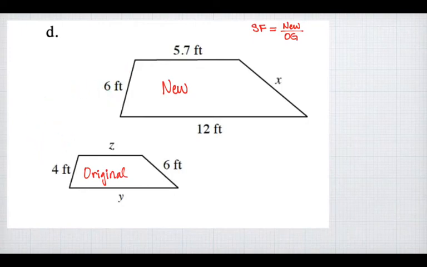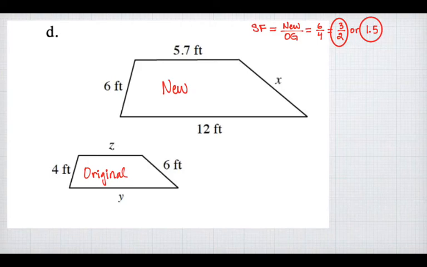And it makes sense, and I'll tell you why in just a bit. So we go equals 6 over 4. And if I simplify this, this becomes 3 over 2. Or, if I want to put it as a decimal, 1.5. So our scale factor is either 3 over 2 or 1.5, whichever we want to use, right?